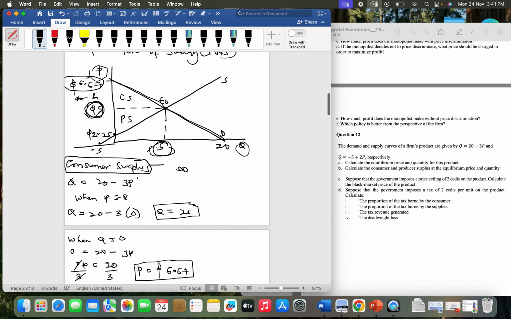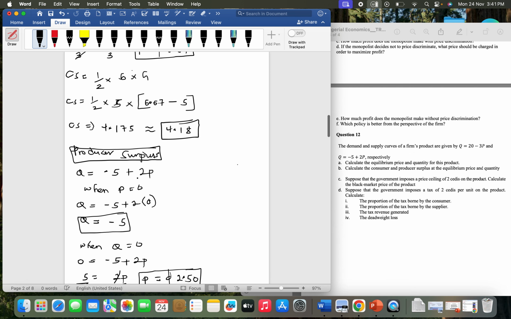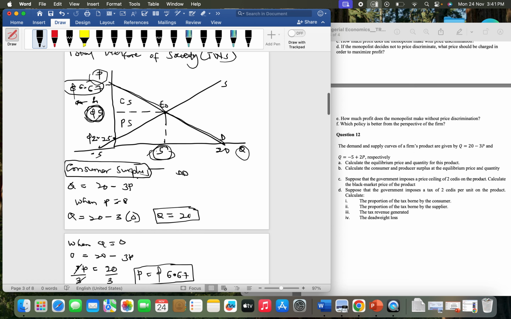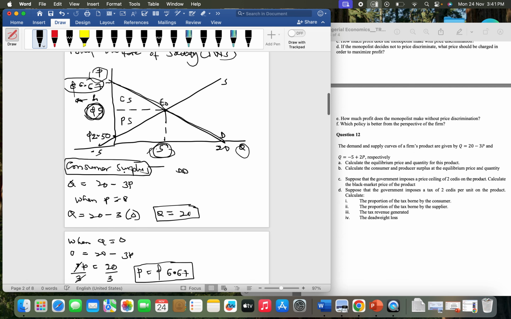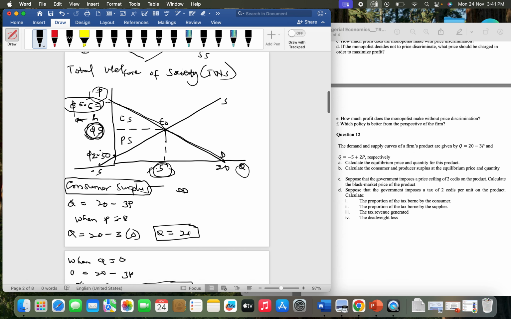Is it 2.25? Sorry, 2.50. Not 2.25, 2.50.